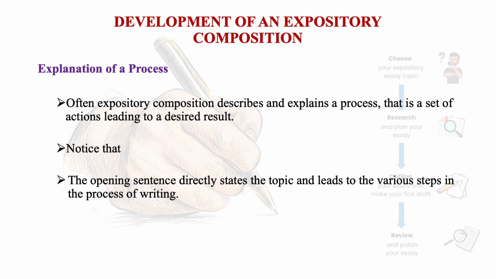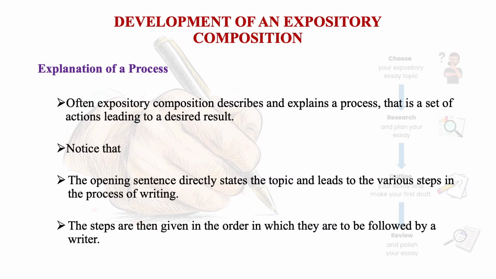The first sentence is known as the topic sentence, and it describes the main thematic concern of the composition. You should also remember that the steps are then given in the order in which they are to be followed by a writer. There is a proper order to be followed in composition writing.